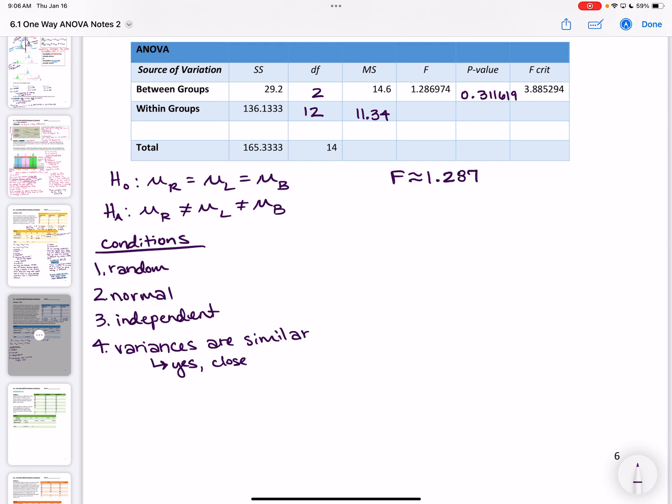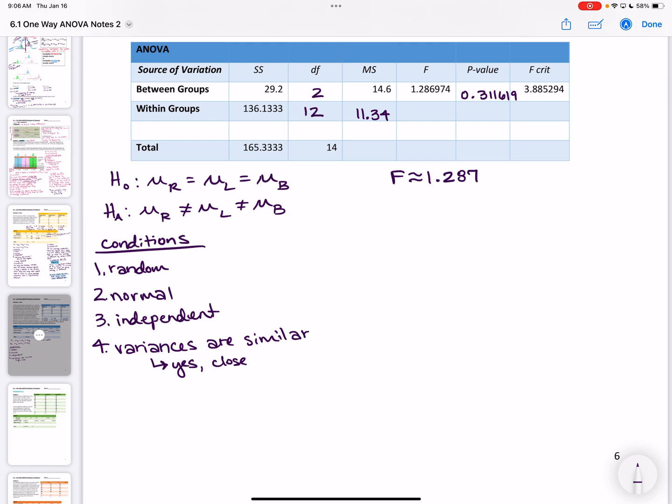So then your test statistic, you got the F is about 1.287. So is that a big number or a small number? It's small, right? It is bigger than 1, but it's not really big, okay? Is it like big, like consider like out of 100? So like 1 would be small and 100 would be big?